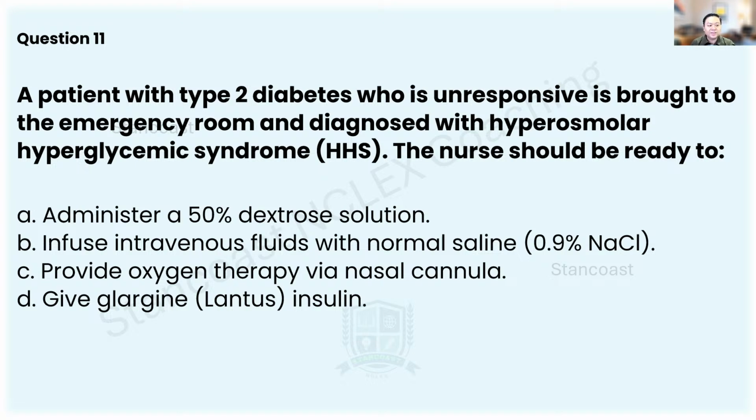Now, number 11. A patient with type 2 diabetes who is unresponsive is brought to the ED and diagnosed with hyperosmolar hyperglycemic syndrome, known as the HHS. The nurse should be ready to A, administer a 50% dextrose solution, or B, infuse IV fluids with normal saline, or C, provide oxygen therapy via nasal cannula, or D, give glargine insulin.